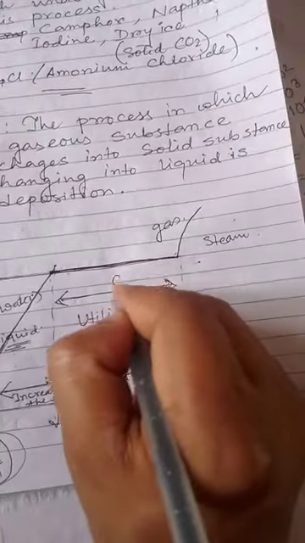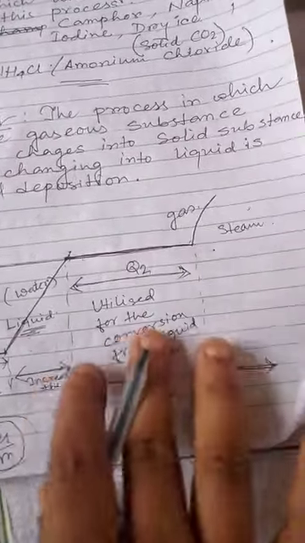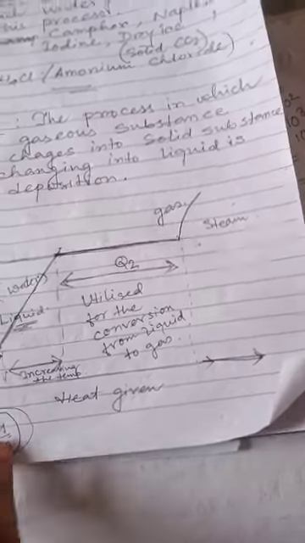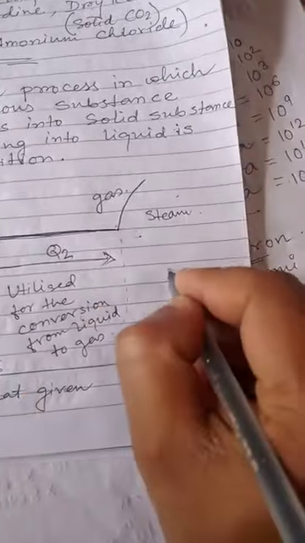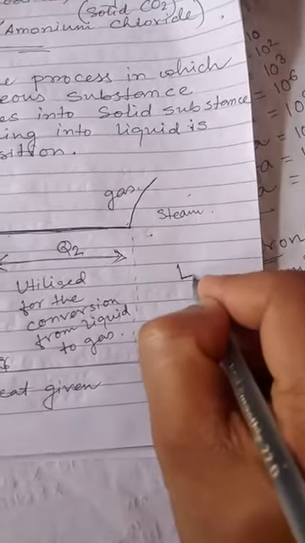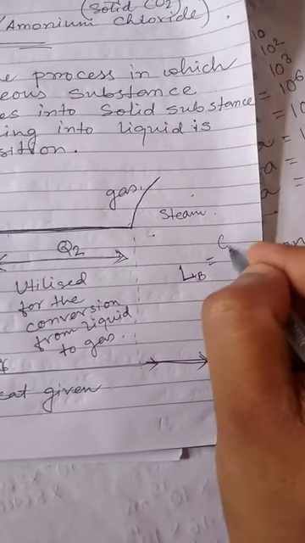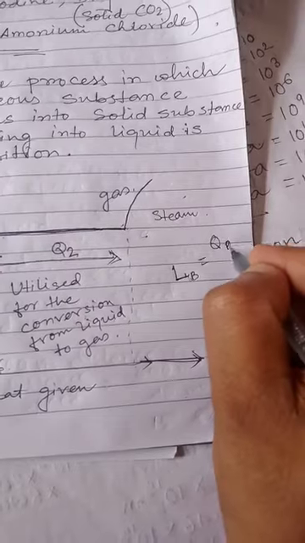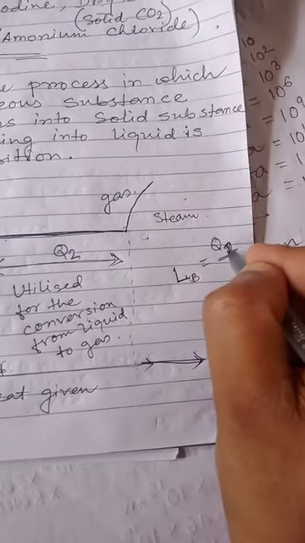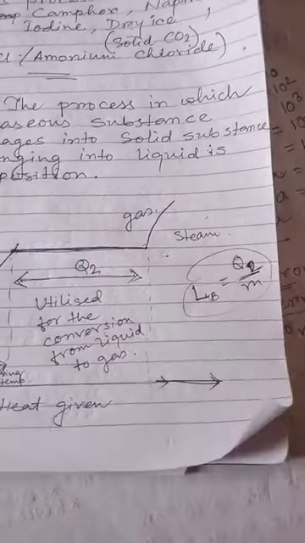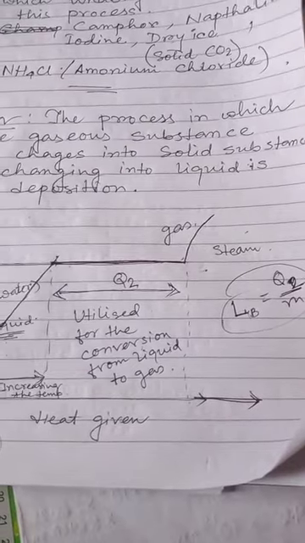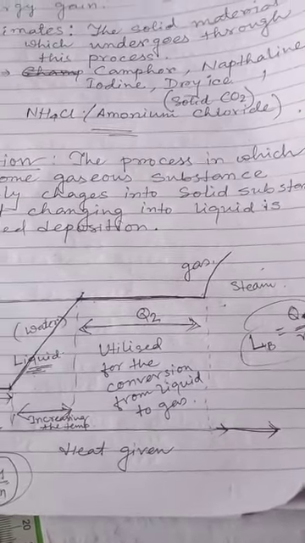So if this is Q2 amount of heat for mass m, this is the latent heat of boiling, and we can say that latent heat of boiling equals Q2 divided by m. Is it clear to you, everyone?